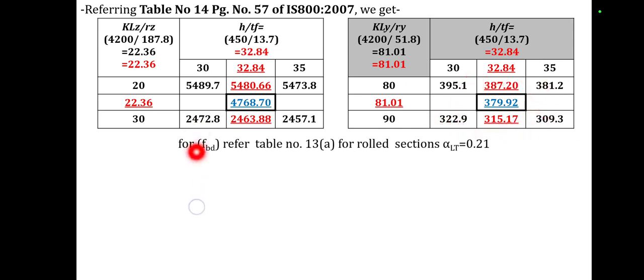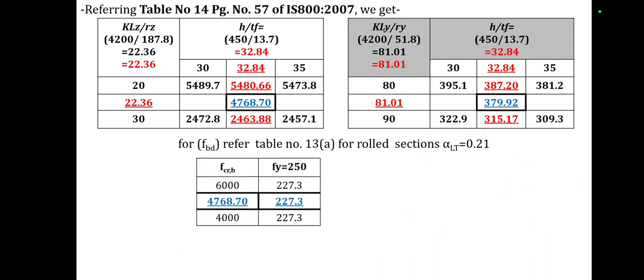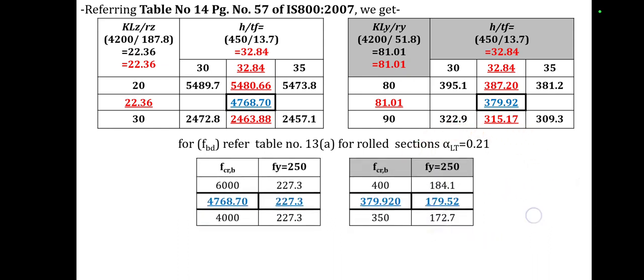Then for FBD we refer to table number 13 for the rolled steel section, for alpha LT equal to 0.21. Then in the same manner, for FCRB values of 4768.70 and 379.20, we get the values of FBD.